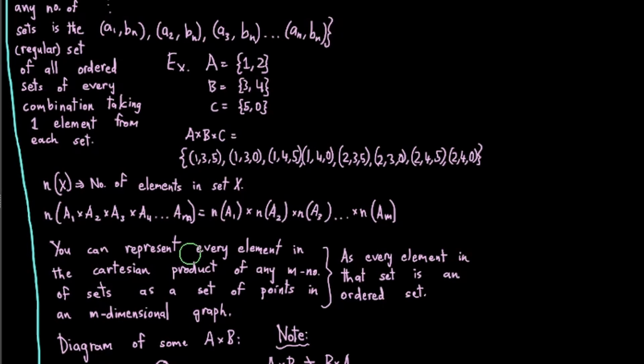That's just how combinations work in general. You can represent every element in the Cartesian product of any m number of sets as a set of points in an m-dimensional graph, as every element in that set is an ordered set. What do I mean by this?